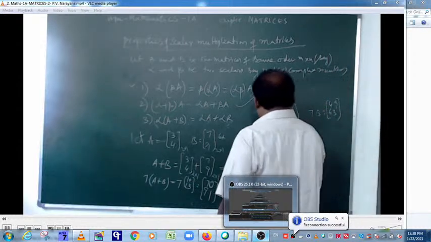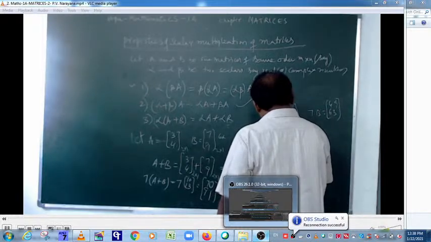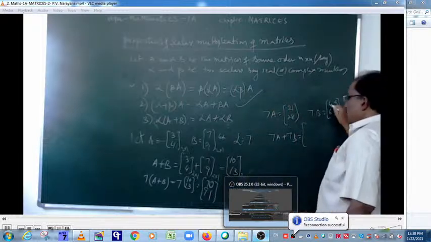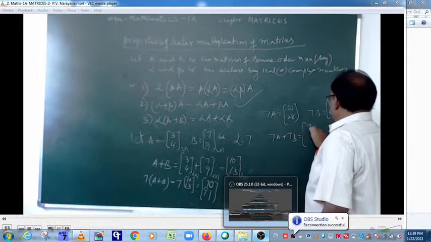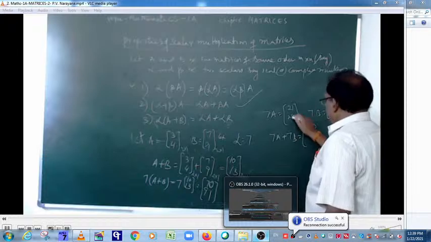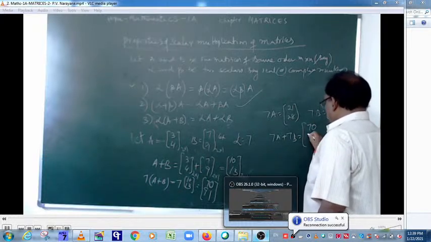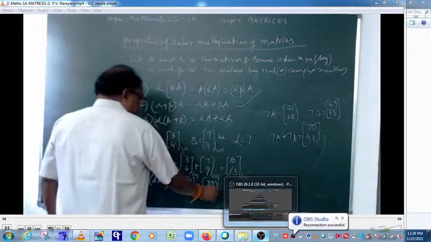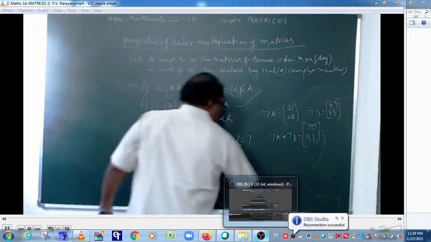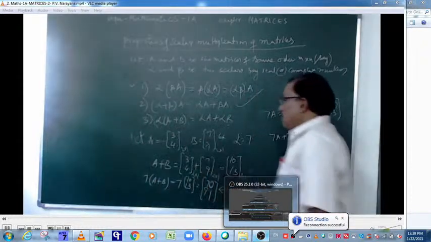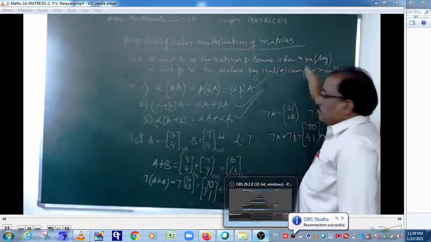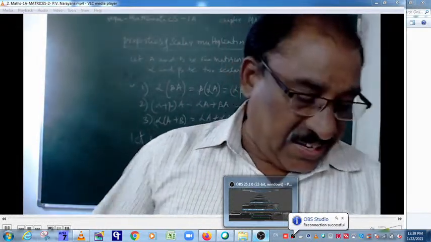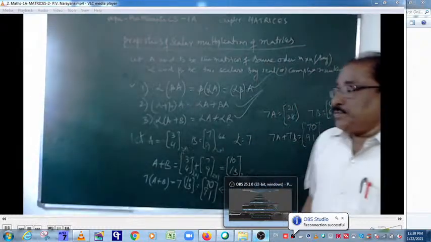Therefore, you add 7A plus 7B and get the matrix 21 plus 49, 70, and 28 plus 63, 91. This is the same as 7 into A plus B. LHS is equal to RHS. This is also proved.